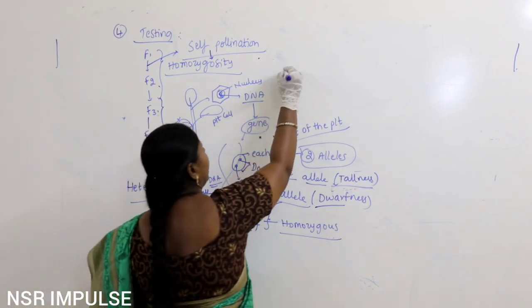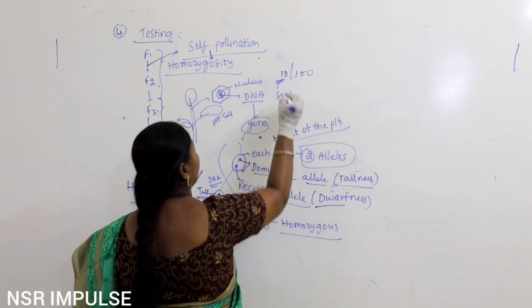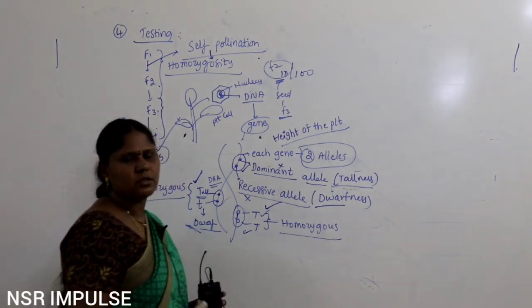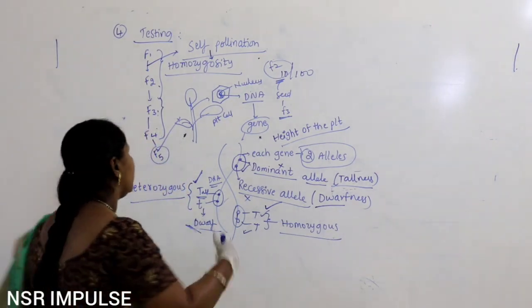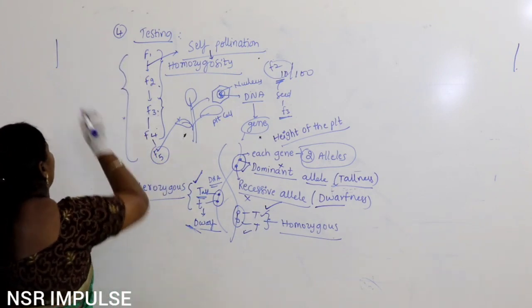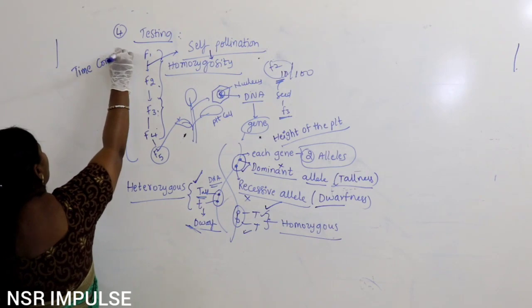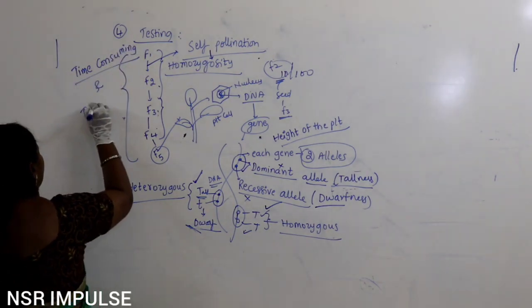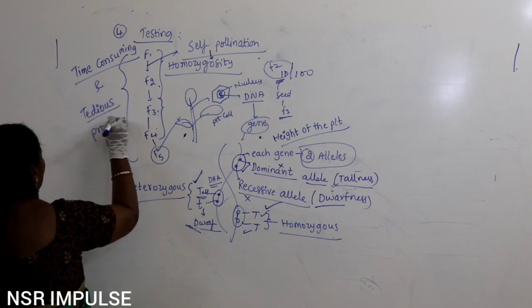Now we take those 10 plants, collect seed, and go for F3. Why do we need to do this much? Because multiplying the plants is a time-consuming and very tedious process.